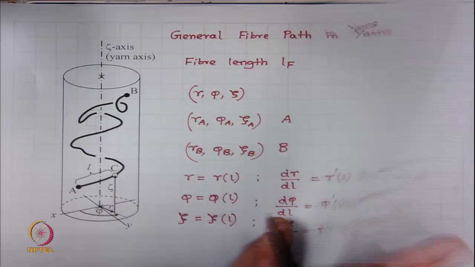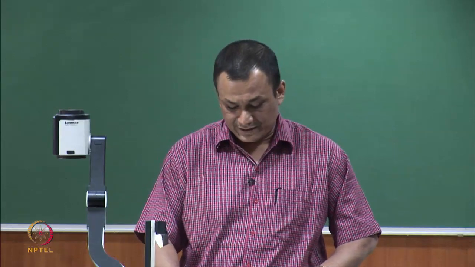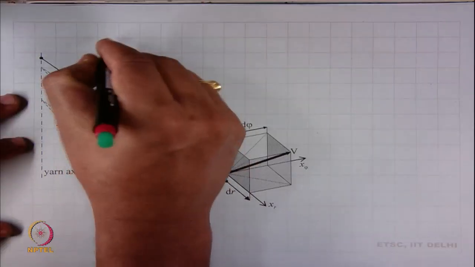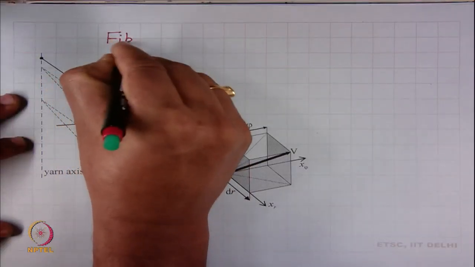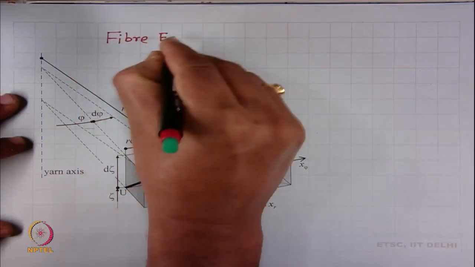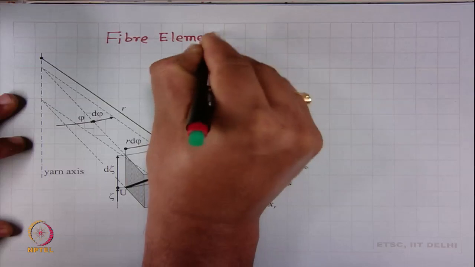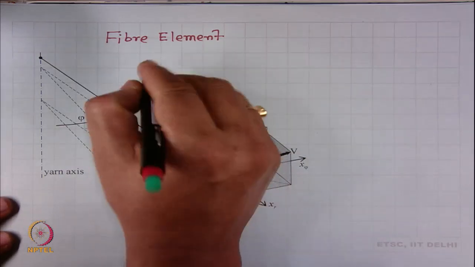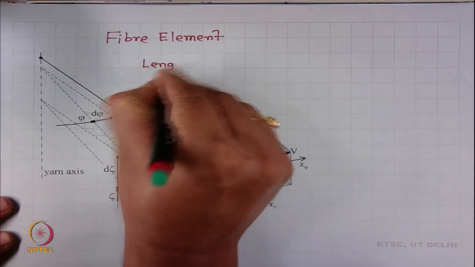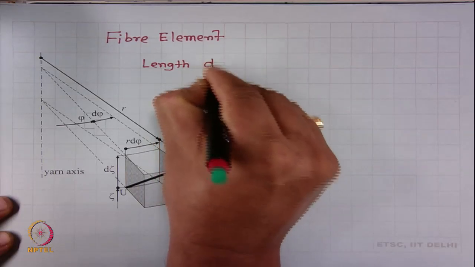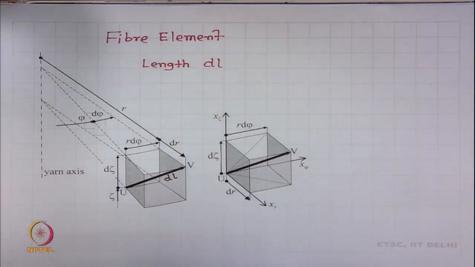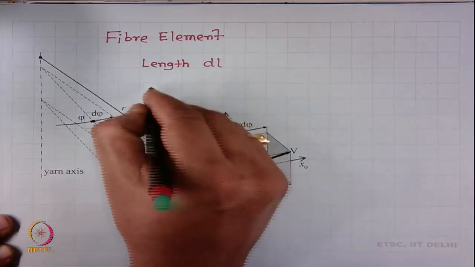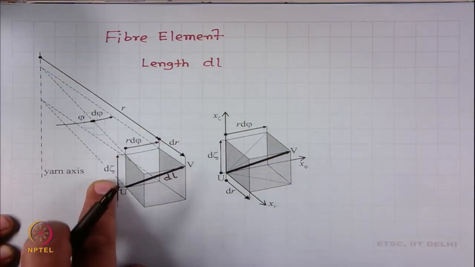Then we discuss one small fiber element. dL is the length of the fiber element and d zeta is the increment along the yarn axis.